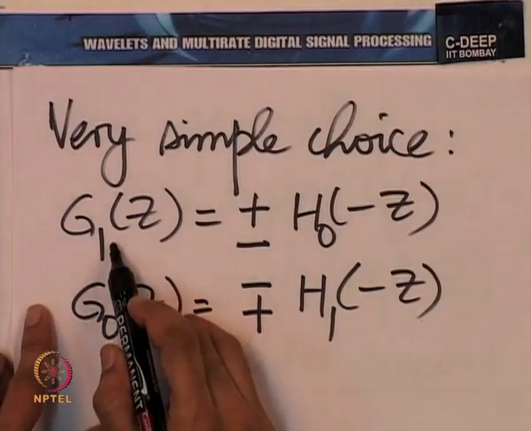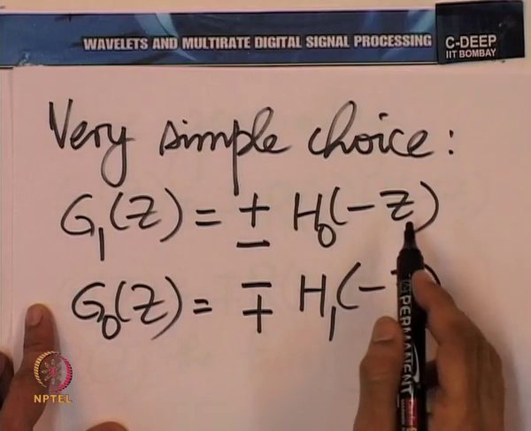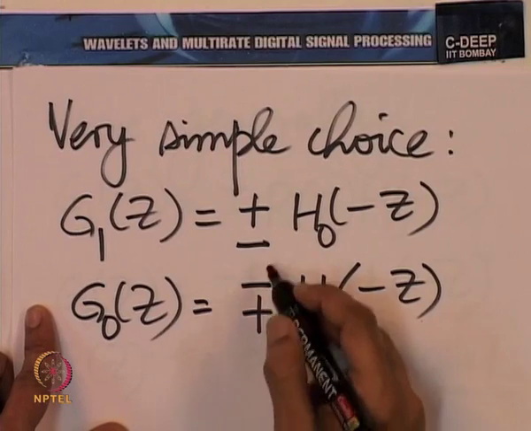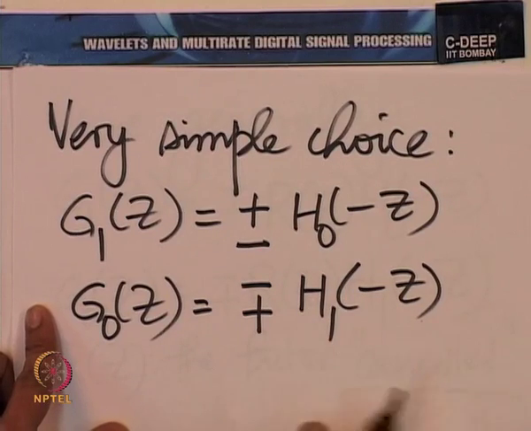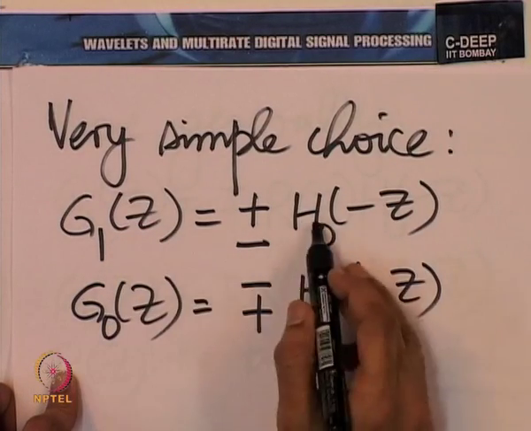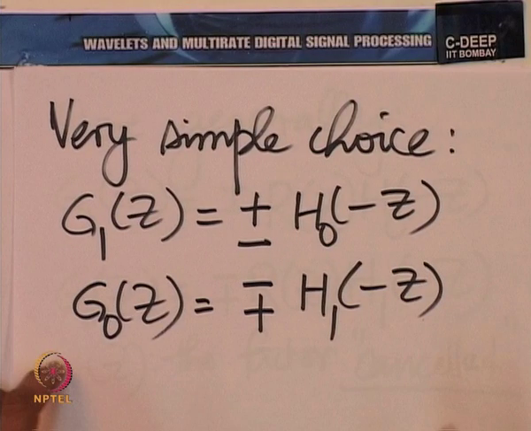Anyway, now let us interpret what we had written here, namely G 1 z. This is a very simple choice: G 1 is H 0 of minus z and G 0 is plus or minus, you just interchange plus or minus here, H 1 of minus z. So, let us take the upper one, G 1 z is H 0 minus z, the other one follows similarly.